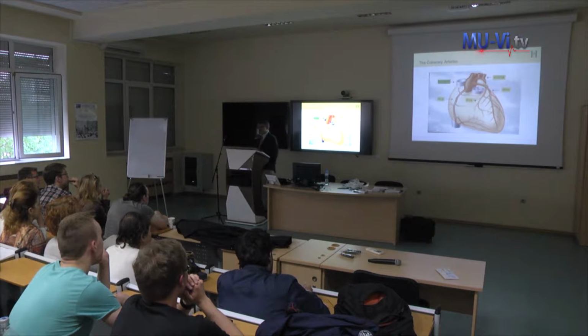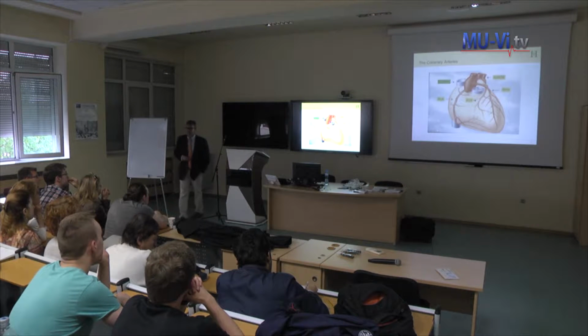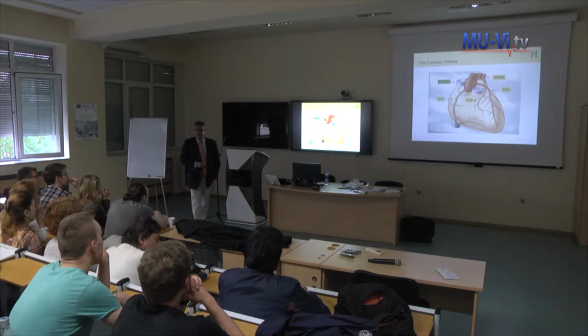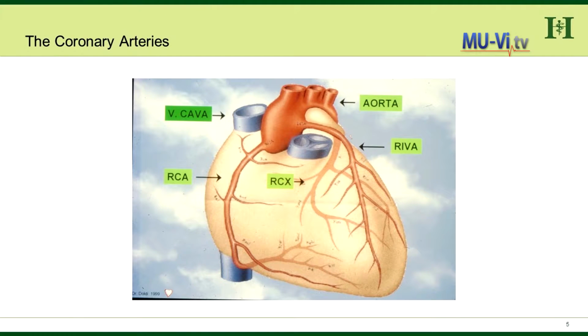The heart is a muscle which works 60 to 80 times per minute, every day, every year, over 70 to 90 years, so long as you live. And this is a very high amount of energy the heart uses, and the energy must be transported to the heart, and that goes over the coronary arteries.